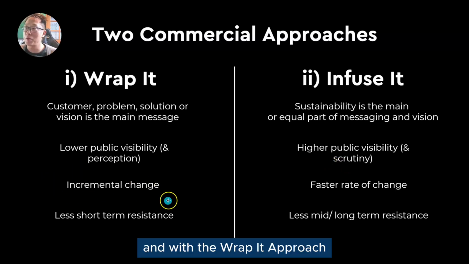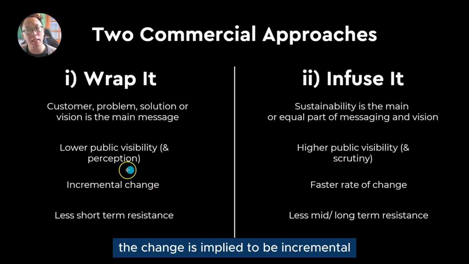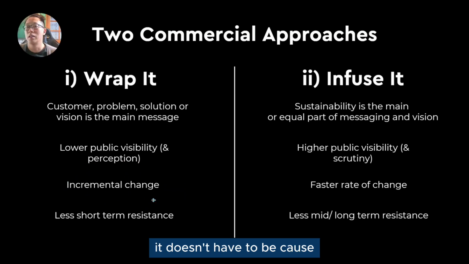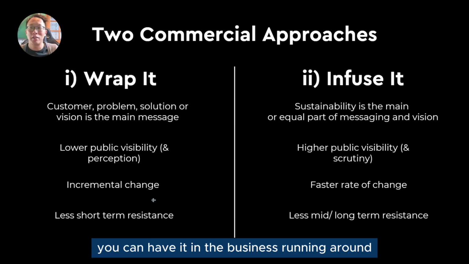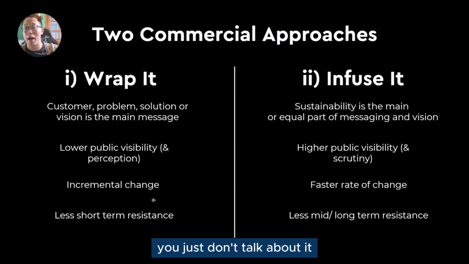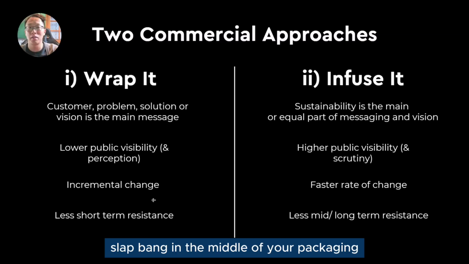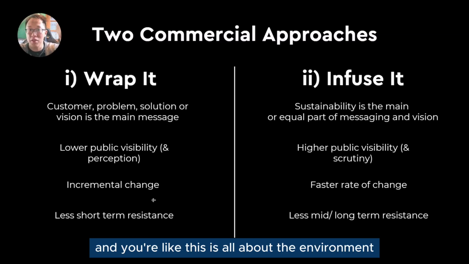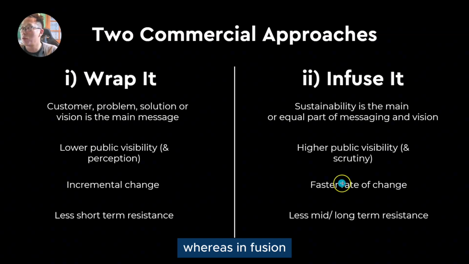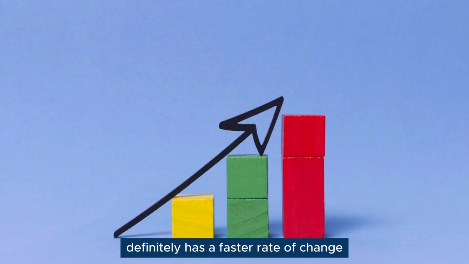And with the wrapping approach, the change is implied to be incremental. It doesn't have to be. You could have it in the business running around. You just don't talk about it. You don't have it slap bang in the middle of your packaging saying this is all about the environment. Whereas Infuse It definitely has a faster rate of change as an implication.